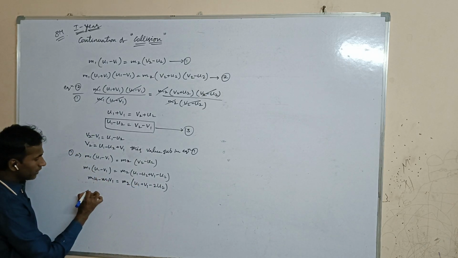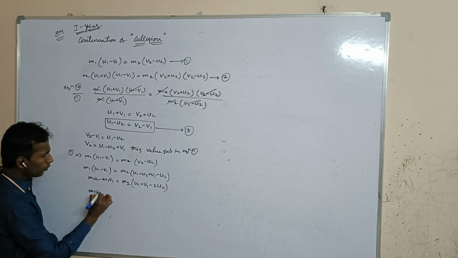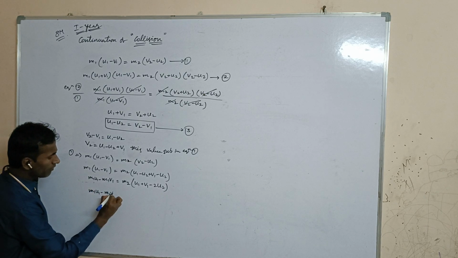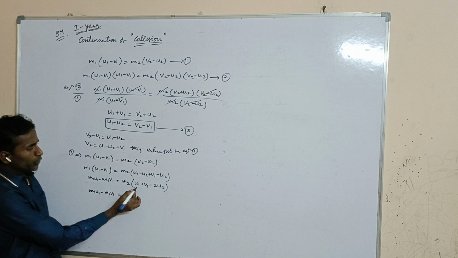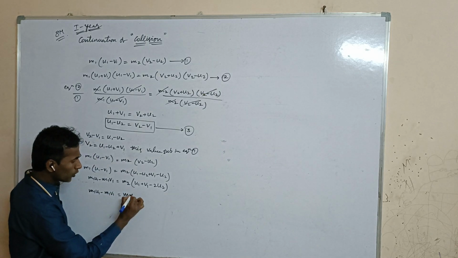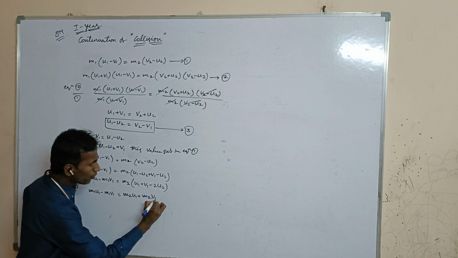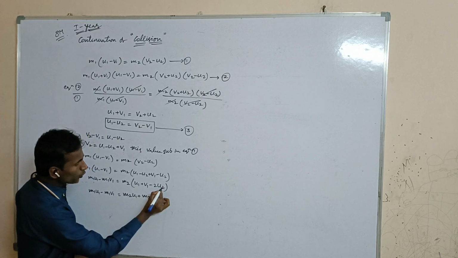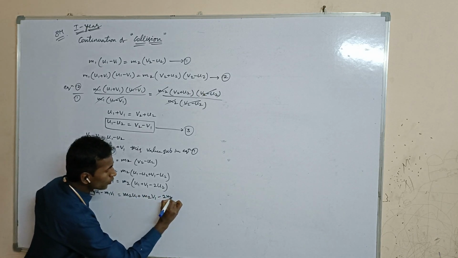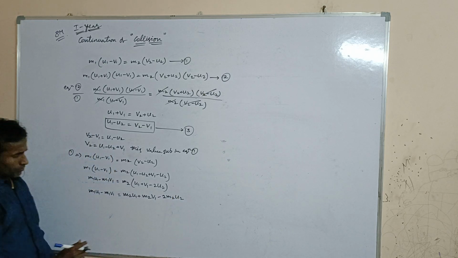Then again we can write m1 u1 minus m1 v1 is equal to m2 u1 plus m2 v1 minus 2 m2 u2.